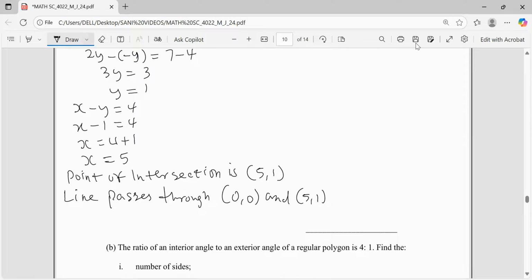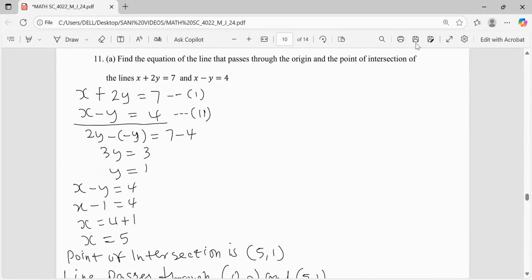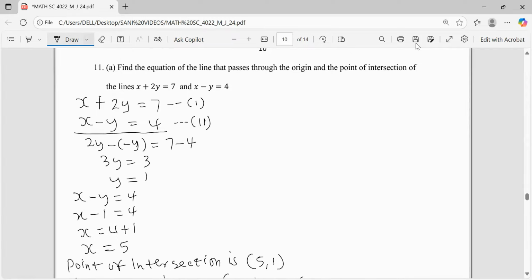Using the formula for the equation of a line that passes through 2 points: y2 minus y1 over x2 minus x1 equals y minus y1 over x minus x1.